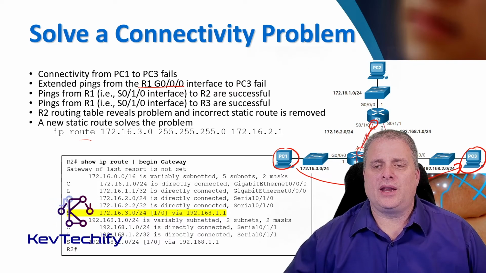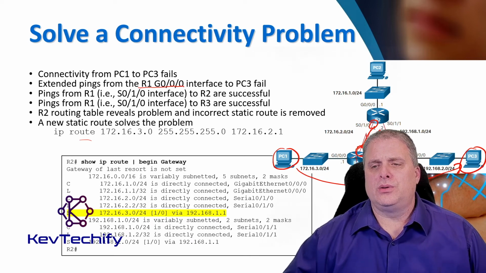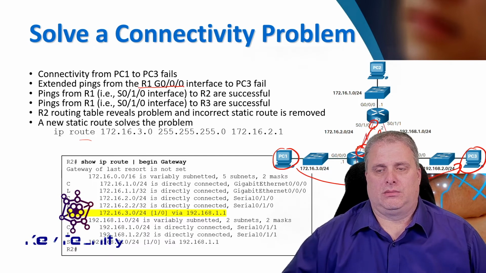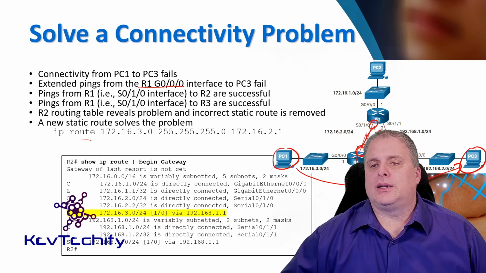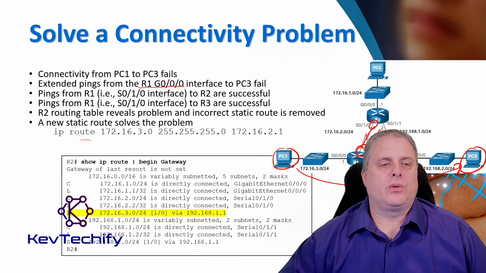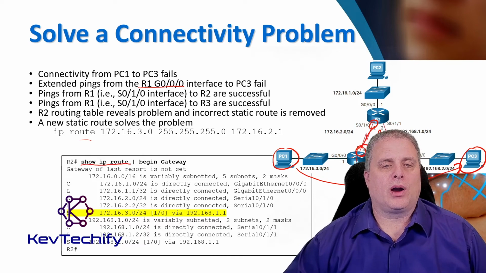We can send a ping from here through R2 to R3, looking at that. Can that work? Okay. And so we're going through and we're troubleshooting. And then finally, what we're going to say is, okay, let's do a show IP route.